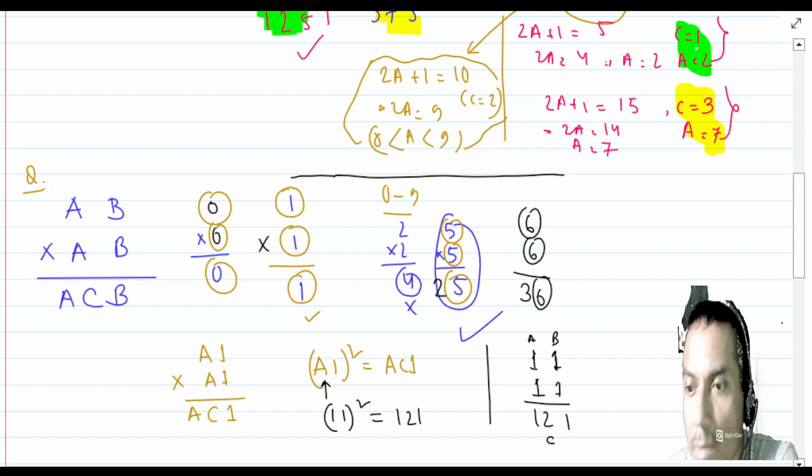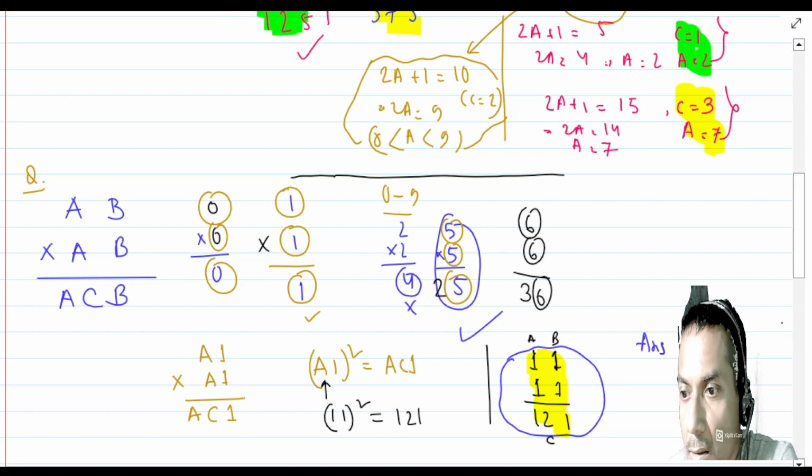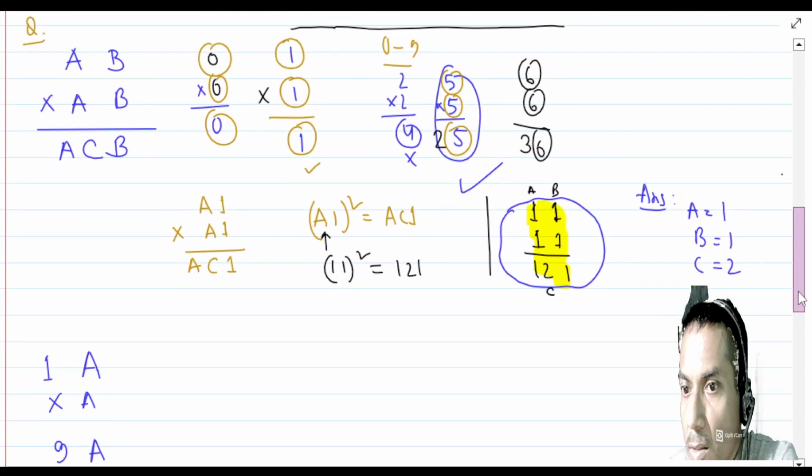So this is possible. So the answer is a1 b1 and c2. Yes, this is the answer.